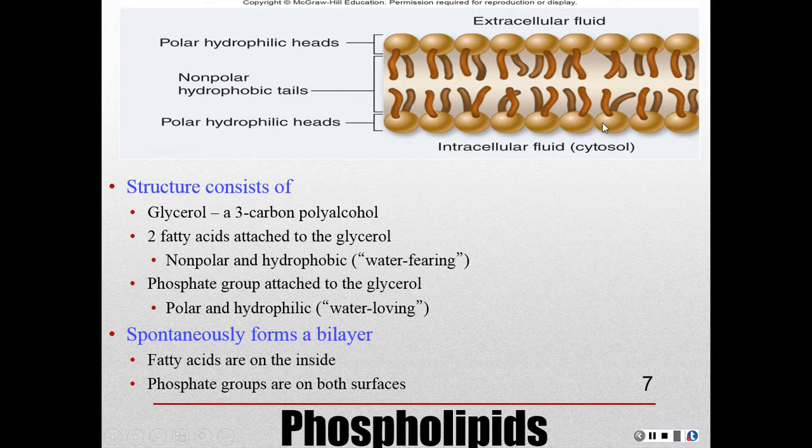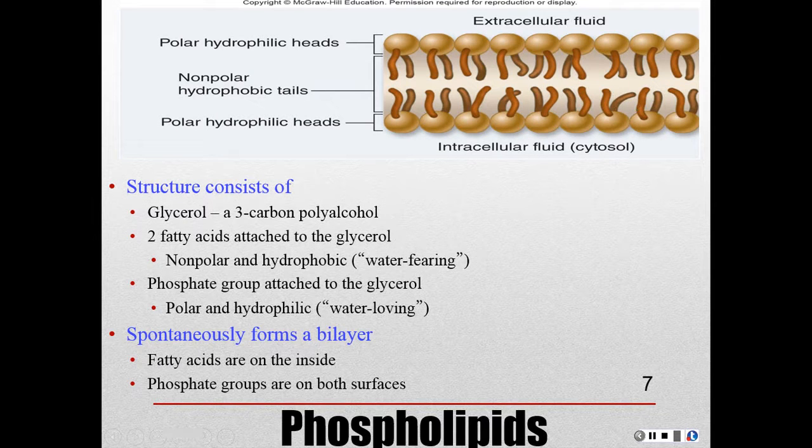These phospholipid heads are hydrophilic, meaning that they love water, and they are polar. The tails, which we have here on either side, are hydrophobic, and they do not like water. So they're considered to be non-polar.